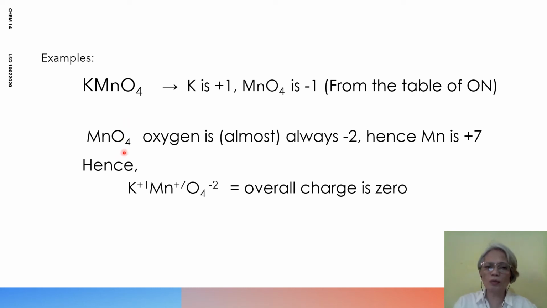So -2 times 4, that's -8. And therefore, for this to have a charge of -1, since oxygen is -8, manganese must be +7. Checking for the overall charge, potassium is +1, manganese is +7, and oxygen is -8. So overall charge is 0.